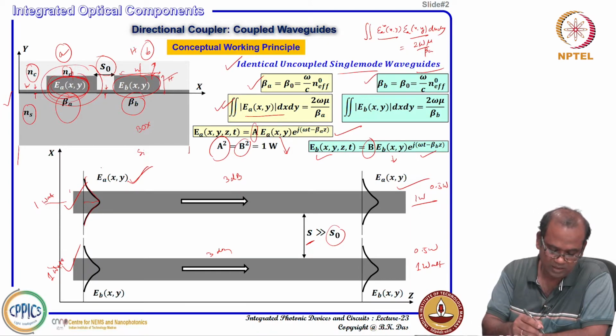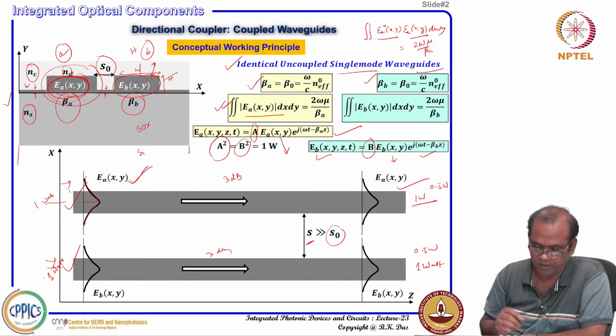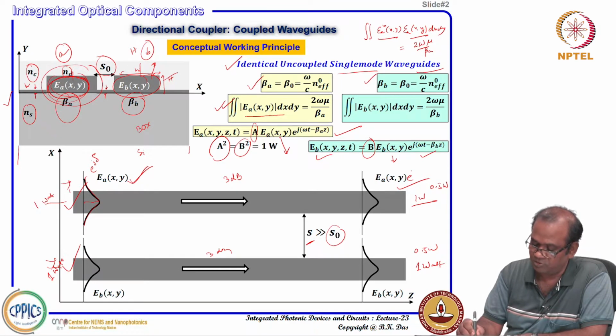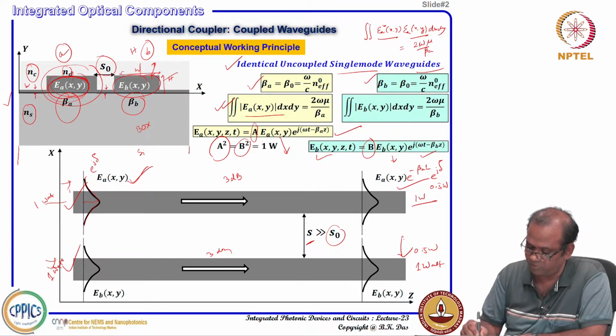We are considering that whatever frequency we launch here, the same frequency is here, and whatever initial phase e to the power j delta there is, in traveling a distance l you get e to the power beta A l, and then the initial delta phase is added. The same holds here.